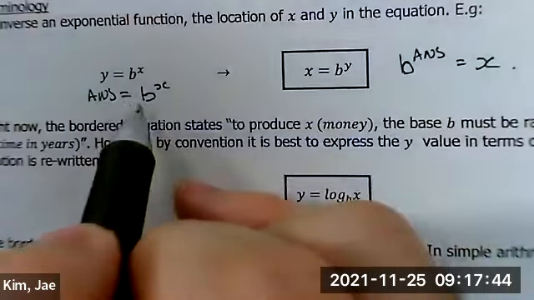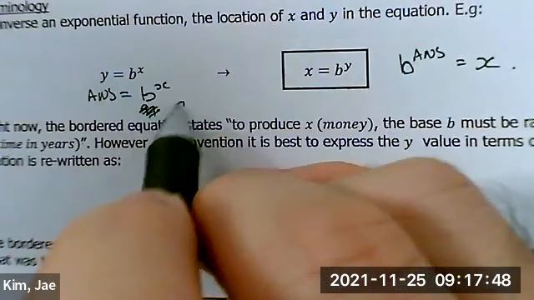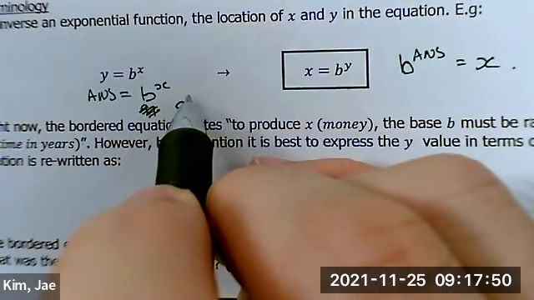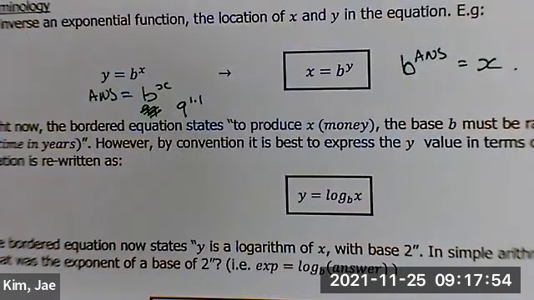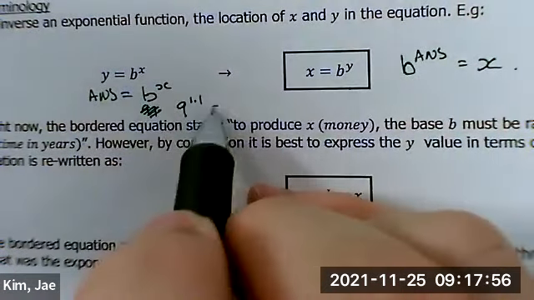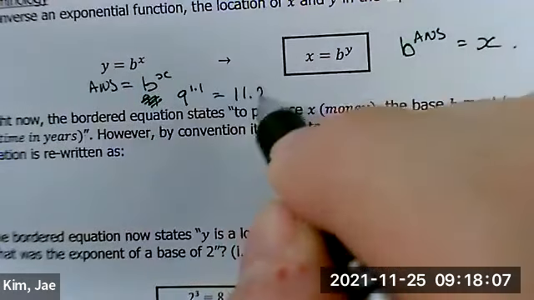What if you had 9 to the power of something obscure, 1.1? If you put that in the calculator, well, it's not as easy, right? 9 to the power of 1.1 is 11.2.